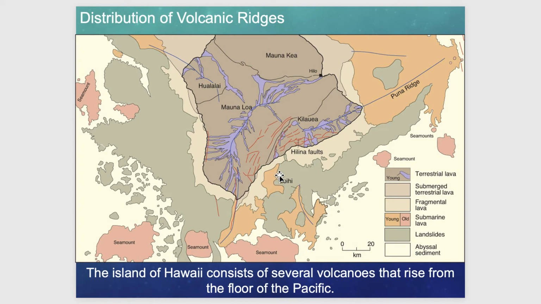So Lohihi will be a future extension of the Big Island, and progressively over a million years it is estimated that the activity will cease on the island, because this is part of the cycle of evolution of these shield volcanoes.